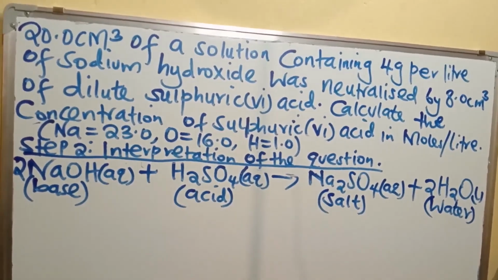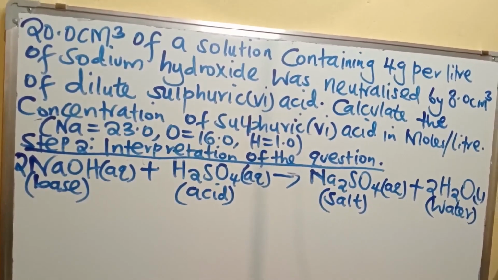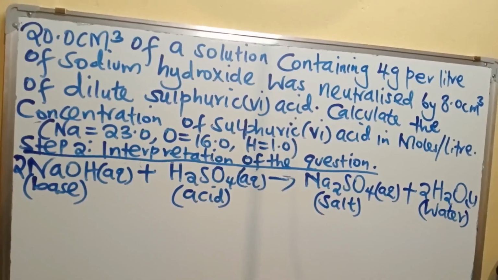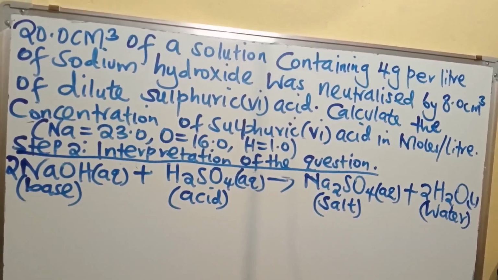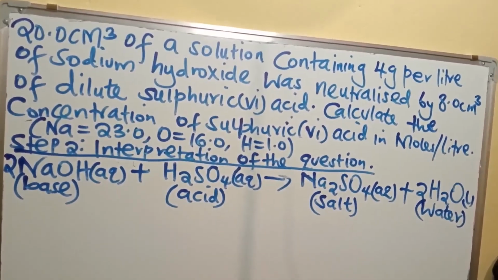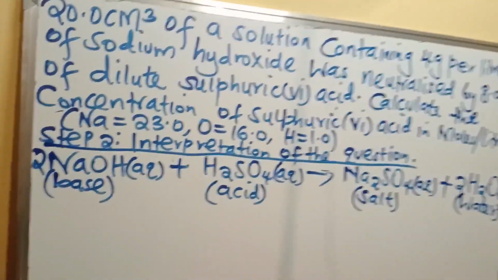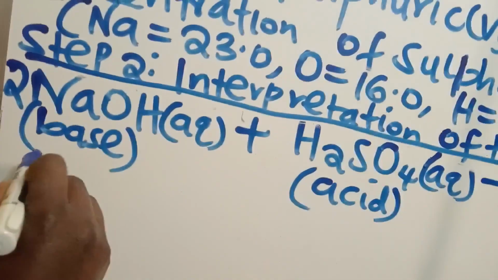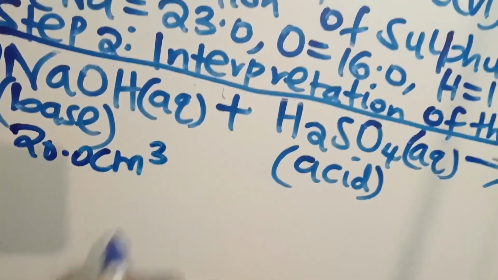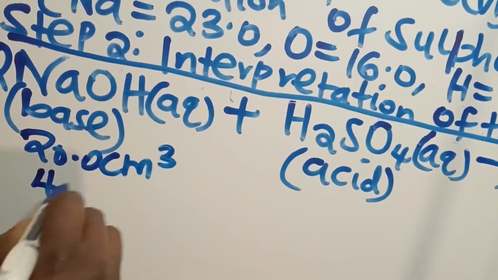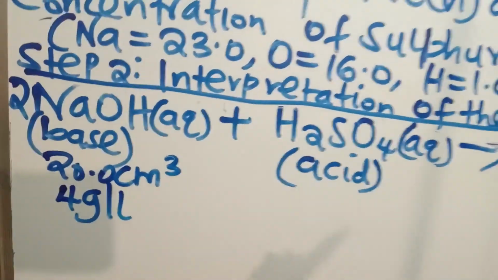So we begin. 20.0 centimeters cubed of a solution containing 4 grams per liter of sodium hydroxide. So up there we have 20 centimeters cubed, and it also has 4 grams per liter.